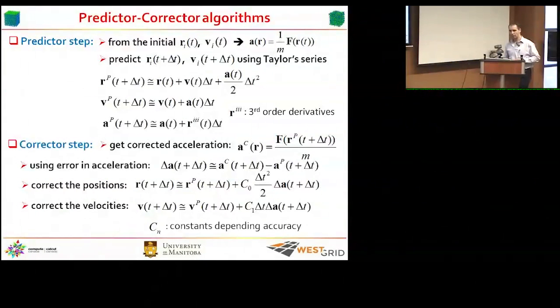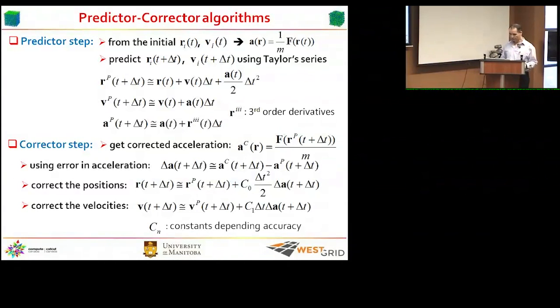There is another algorithm more complicated than the previous ones. It's called the predictor-corrector algorithm. This algorithm works in two steps. The first step is called the predictor step. From the initial velocity, like the previous algorithm, we compute the acceleration using the force. From this, we can predict the position and the velocities. Now we have the predicted velocities and positions.